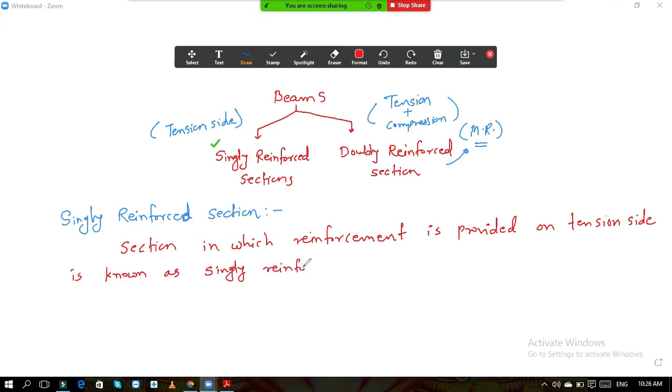So the reinforcement is on the tension side.